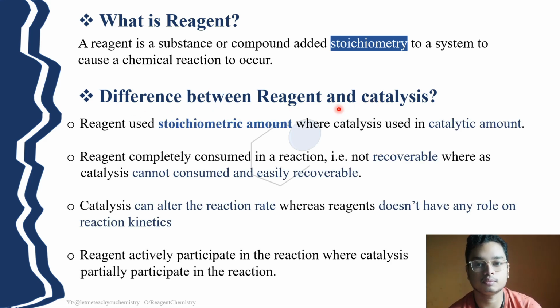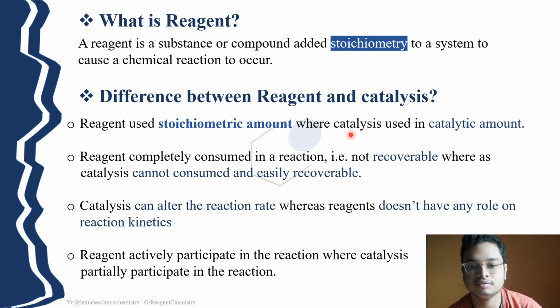The first and foremost difference is that a reagent is used in a stoichiometric amount. Stoichiometric amount means that if you use your substrate at 1 millimole, then your reagent will be either 1 millimole, or 0.8 millimole, or a little excess, like 1.2 millimole, and so on.